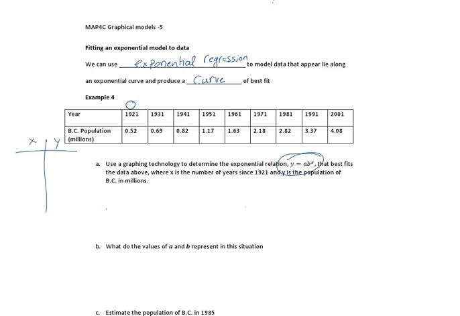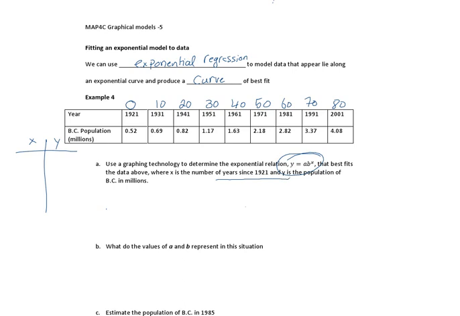How many years is that from 1921? 10 years, yes, 10. And 1941 would be 20. Right? Because 1921 is year 0, and 1931 is 10 years after that. That's why you have to read the question. That's the problem: since 1921.